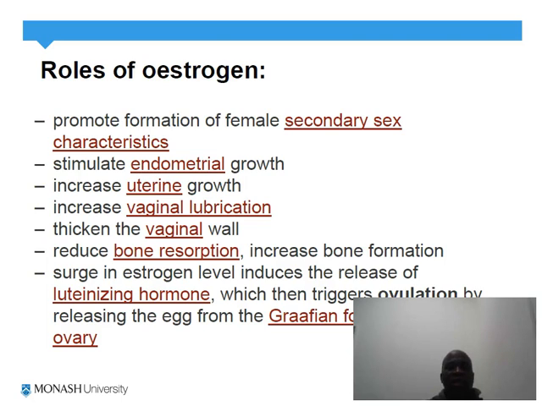So you can see that chain of reaction, which starts with an upsurge of estrogen levels that induces the release of luteinizing hormone, which then triggers ovulation, which is the release of an egg from the Graafian follicle into the ovary, and from the ovary into the fallopian tube.